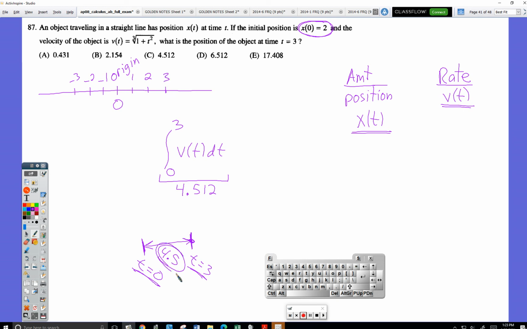Knowing this alone won't tell you where the particle is, because it's just a displacement. So I have to combine that with this. This is how you use the fundamental theorem. Your final answer is 2 plus this, which means your position is now 6.512.